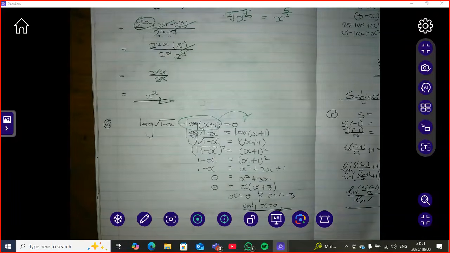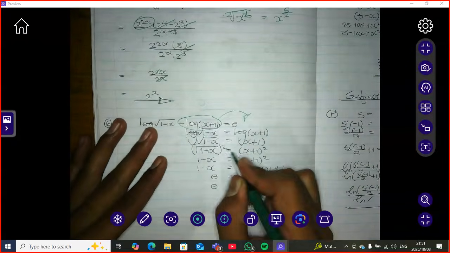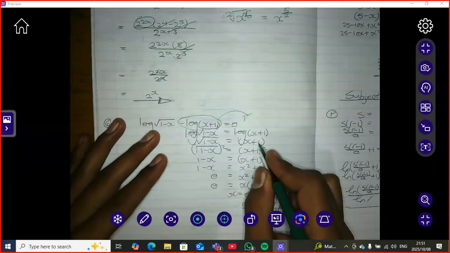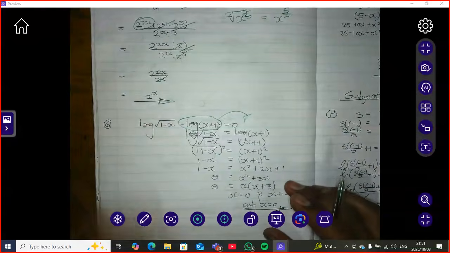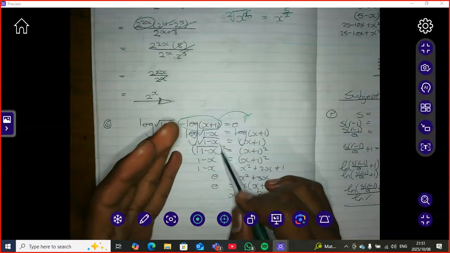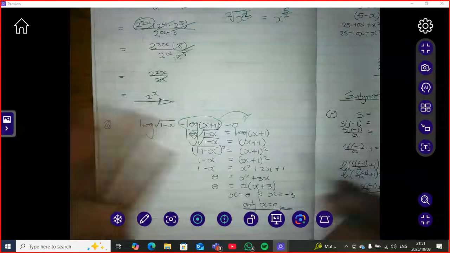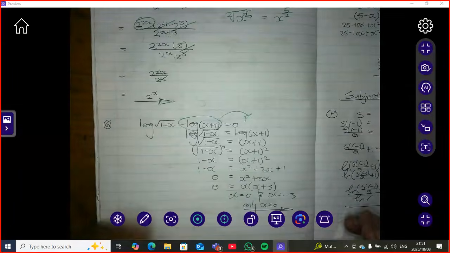Then when I have logs equal to each other like this, I can cancel the logs and write just the numbers. This is my normal third equation. So I square both sides to get rid of the square root. You always square both sides to take the square root away from the one side.